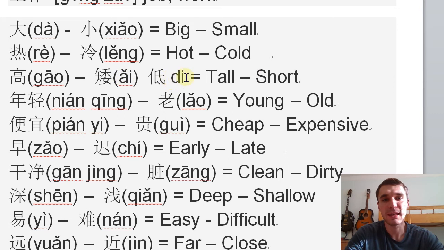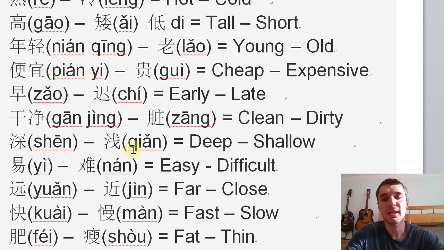Also we have 低, so 矮 is about height of the person. 低 is about height of some things, for example short building or tree, etc. 年轻 means young. 老 old, about people. 便宜 cheap. 贵 expensive. 早迟 early, late. 干净 clean. 脏 dirty.